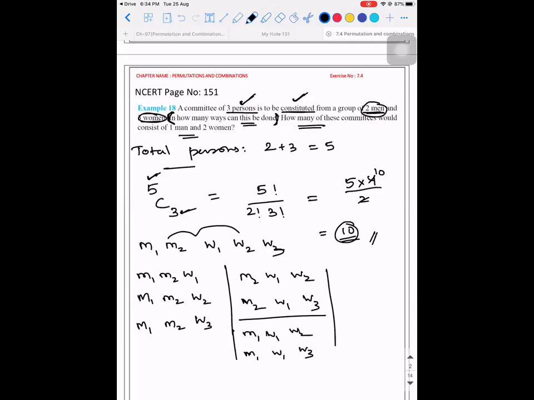M2, W2, W3. M2, W2, W1. Is it repeated? It's repeated, sir. Sorry, M2, W2, W1 is repeated. So that is not a selection process. So what else is possible?